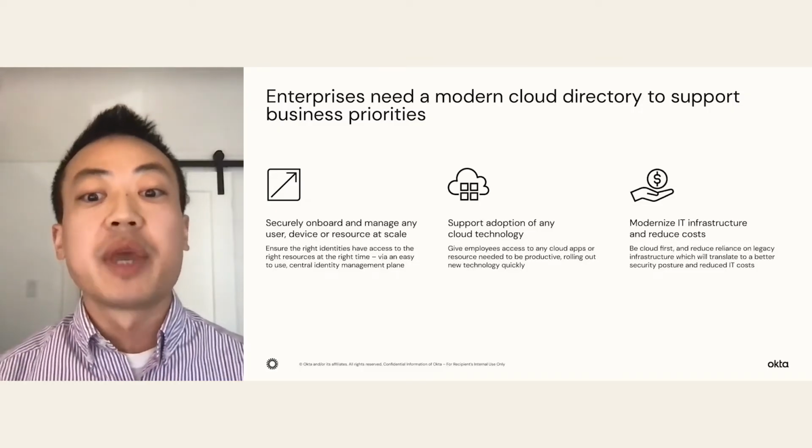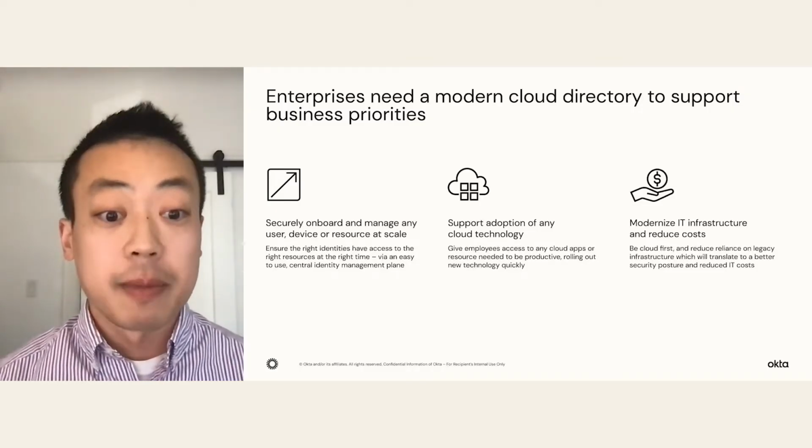Legacy directories can no longer serve modern business needs due to the lack of visibility into all users and their privileges, because the user identities nowadays are just spread across multiple disconnected silos, both on-prem and in the cloud. And it's difficult for IT teams to adopt and deploy new applications and resources because of the custom-built integrations needed with legacy directories, which is time-consuming and very difficult to maintain.